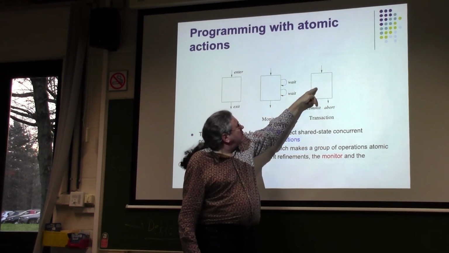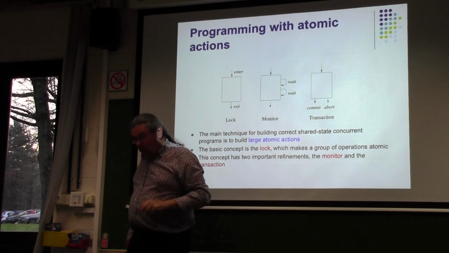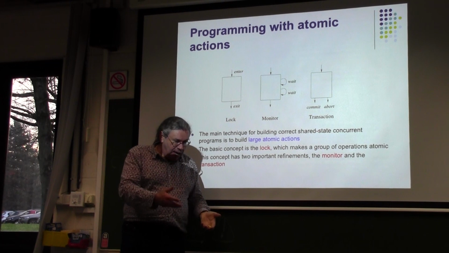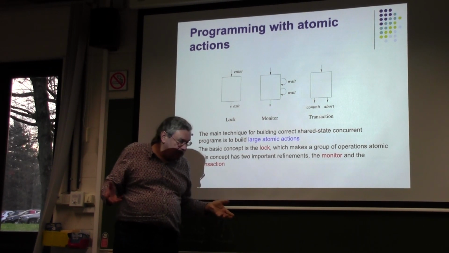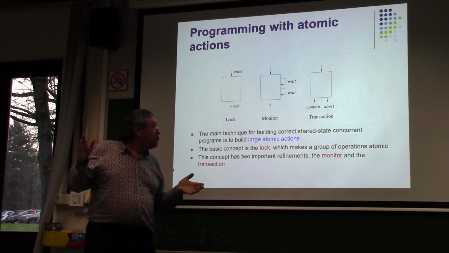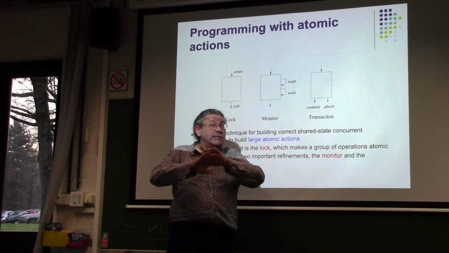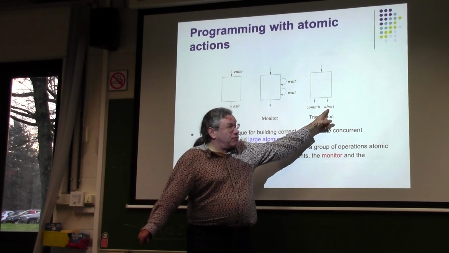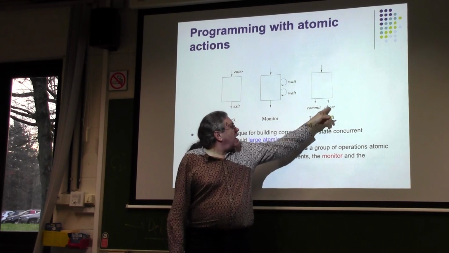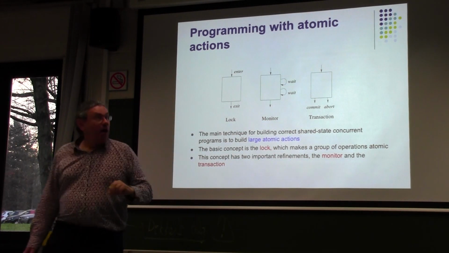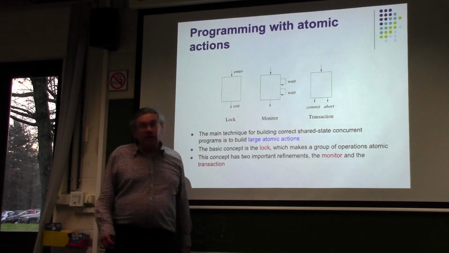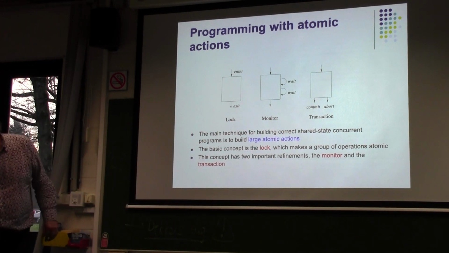This is very important for things like a database stored on a disk. If you're doing something and the disk crashes, and you can't do the operation, the only logical thing to do then is to cancel it completely if you want the program to be correct. So you add this abort. So a transaction adds the ability of the atomic action to abort. Okay? So those are the three things.